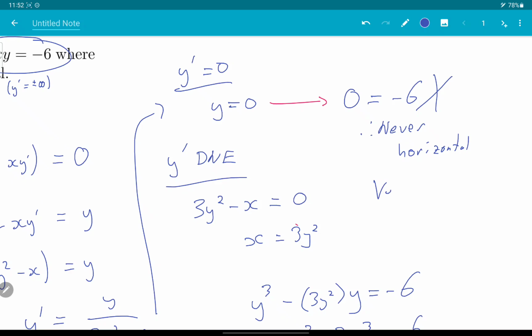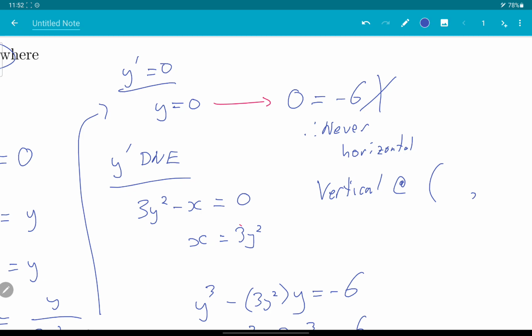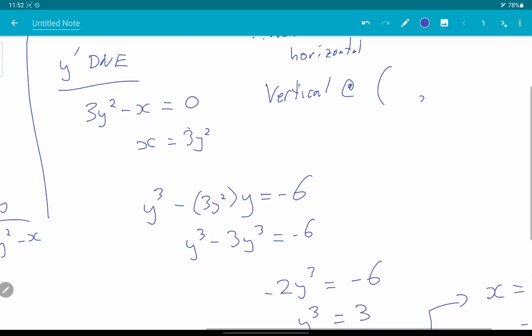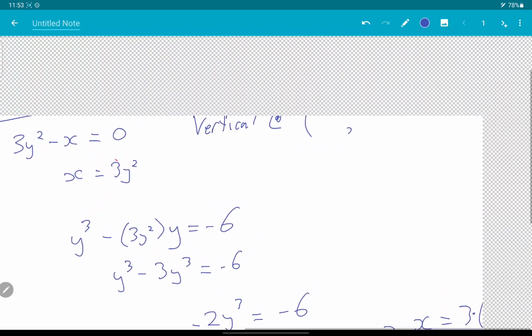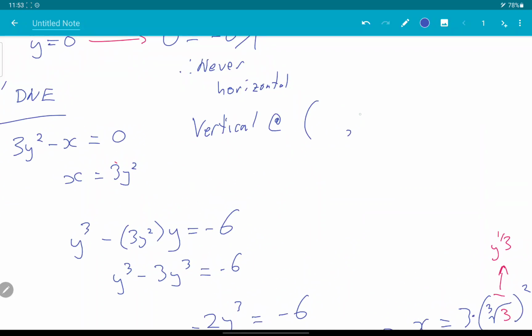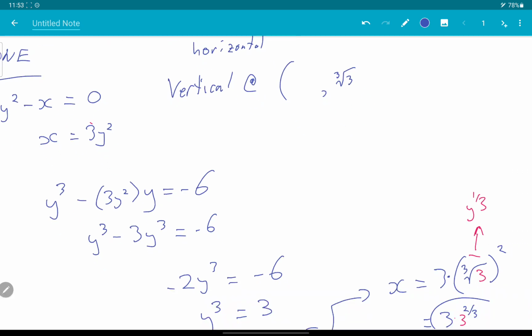And it's vertical at the point, this complicated point here. What is it? I said y was third root of 3, and x was this thing down here, 3 dot 3 to the 2/3. That is ugly as sin.